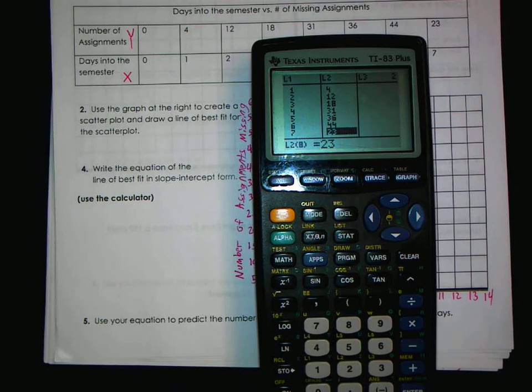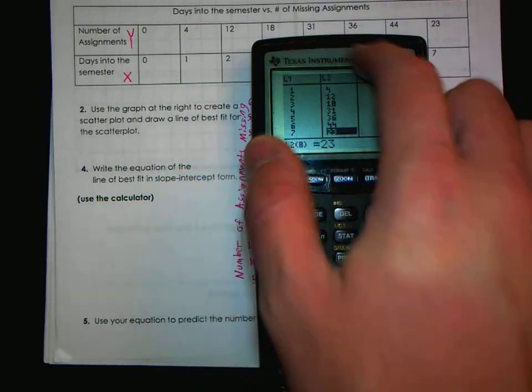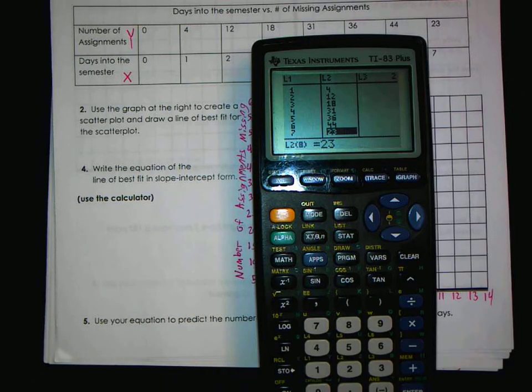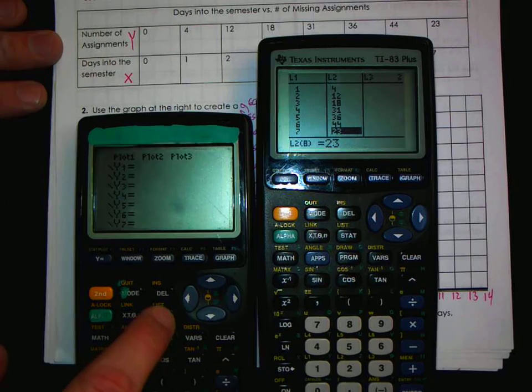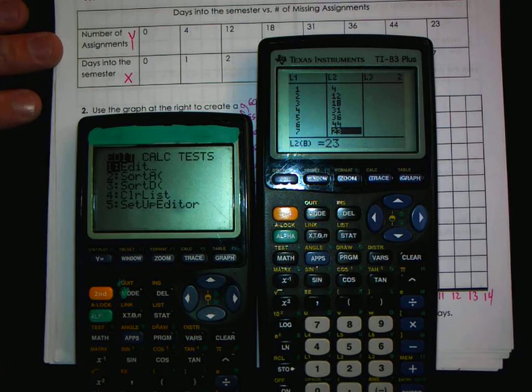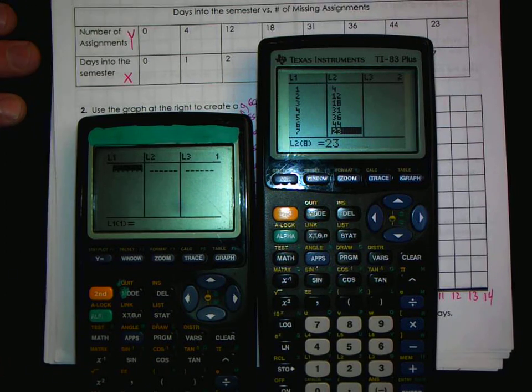Now there are many things that could go wrong on this screen, and that is if yours does not say L1, L2. Does anyone's not say L1? Yours? What does yours say? Let me see your calculator. Okay. So for you, you're on the wrong screen. We are under Stat and then Edit. And you do have an L1, L2.